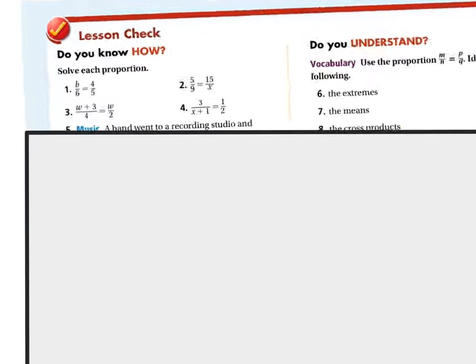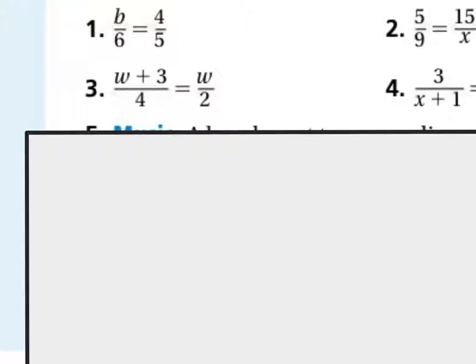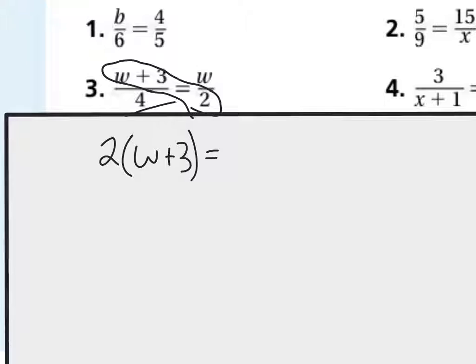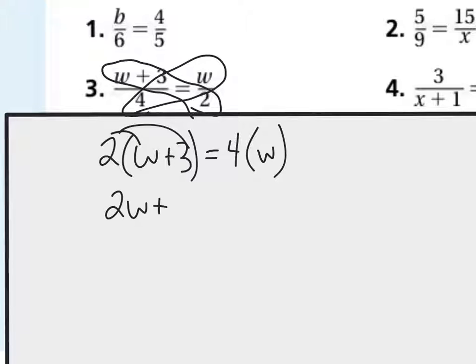So if we look at lesson check number 3, if we cross multiply here, we're looking at 2 times the quantity W plus 3 equal to 4 times W. So we distribute, we get 2W plus 6 equals 4W.